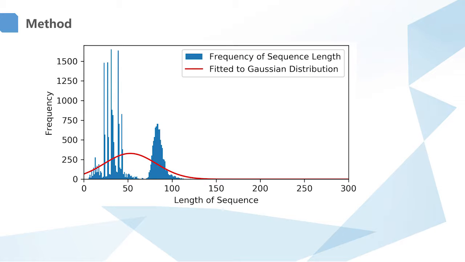Then we made statistics of the number of words contained in each item of the CSIC train dataset. The result is shown in the blue part of the figure. We can infer that if the dataset is large enough, the frequency distribution should fit part of a Gaussian distribution. Therefore, we fit the Gaussian distribution, as shown by the red line in the figure, and then integrate the fitted curve to get the following image.